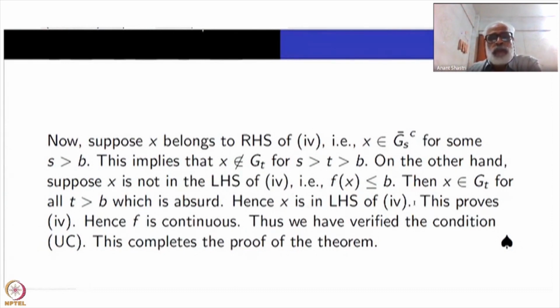Hence, suppose on the other hand, x is not in LHS, then fx must be less than or equal to b. Fx is less than or equal to b means what? Infimum is less than or equal to b. Okay, then x must be in GT for all t bigger than b, because the infimum is less than or equal to b.